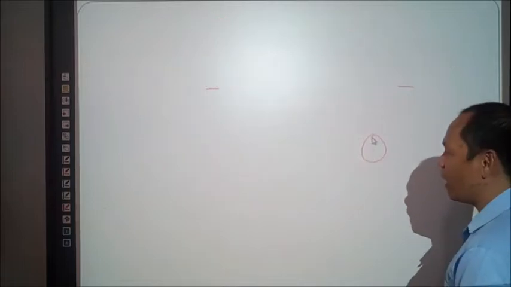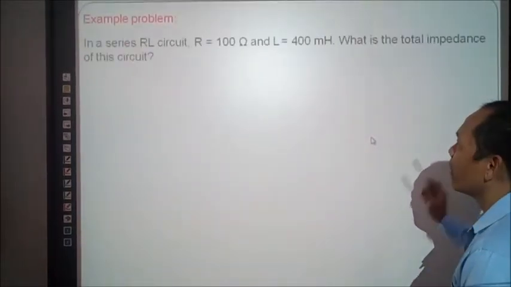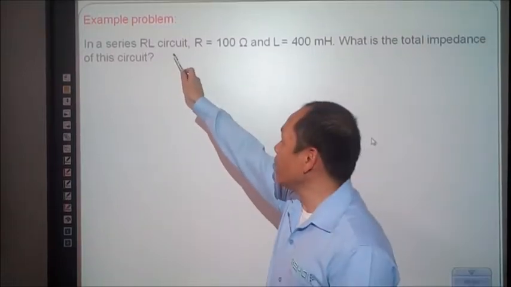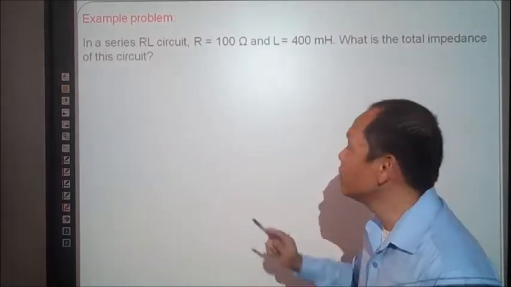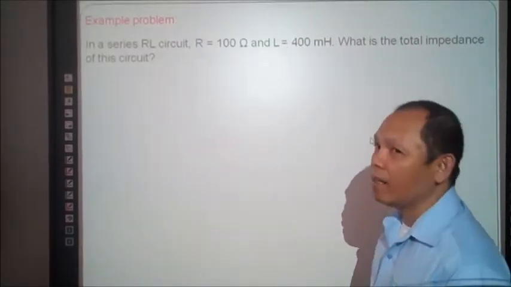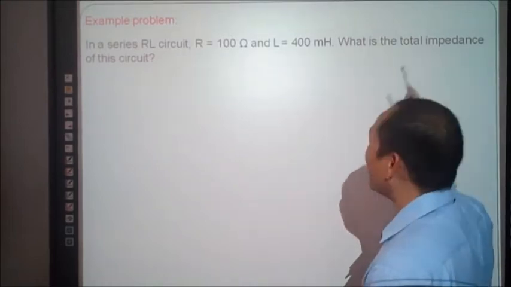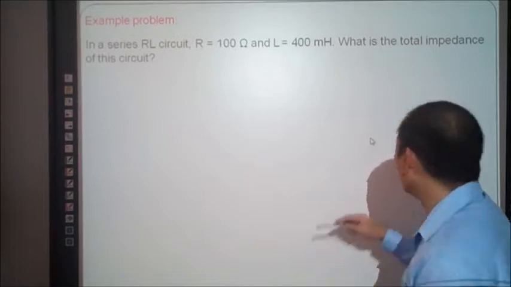Okay, so let's have an example problem. In a series RL circuit, R is equal to 100 ohms and L is equal to 400 millihenry. What is the total impedance of this circuit? So, what is Z?